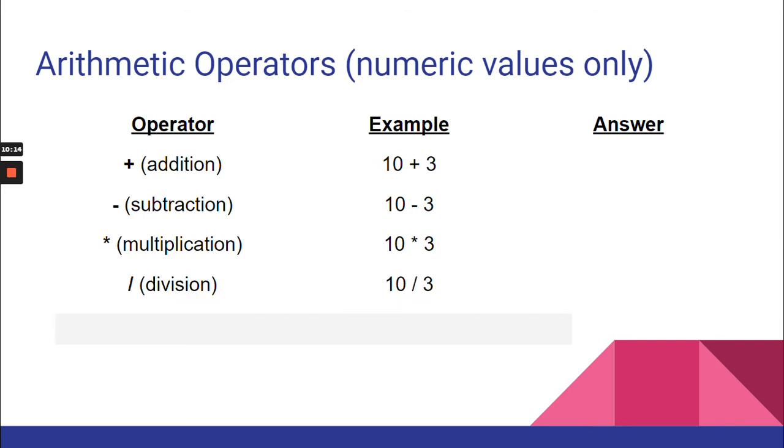10 divided by 3. Anybody want to hazard a guess other than Peter? He knows the answer to this one. 3.33. Okay, so we have an integer number, 10, divided by an integer number. What's its output type going to be? Is it going to be an int or a string? It's going to be an int. So what can be stored in the int storage space?